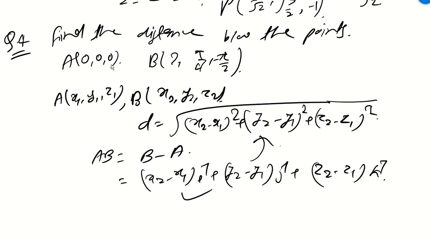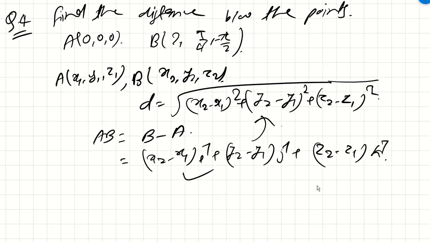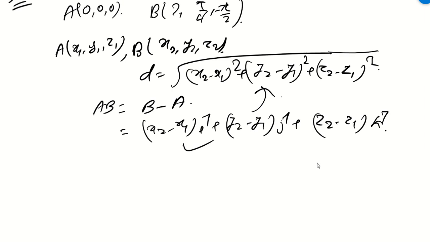So here we see that A is 0, 0, 0, so it can be considered as a rectangular coordinate system, but 2, pi by 4, minus pi by 2 cannot be considered in rectangular coordinate system. So first convert this into rectangular coordinate system, then only you can proceed. So what will be my x, y, z in rectangular coordinate system from spherical?